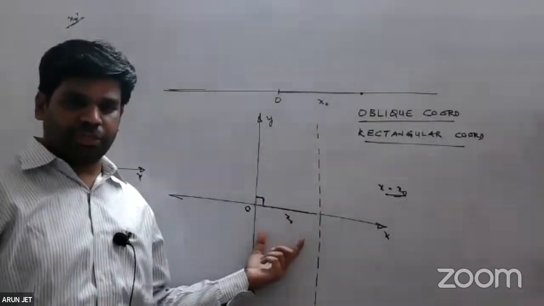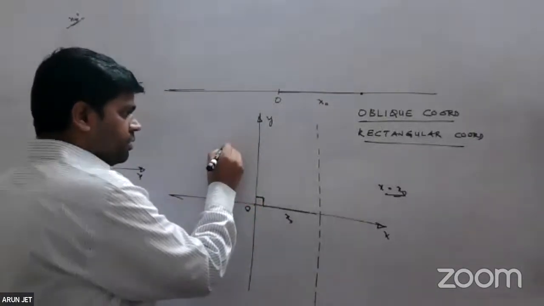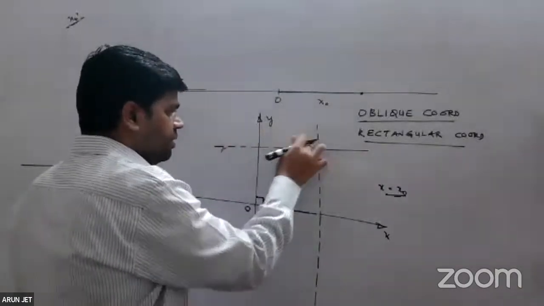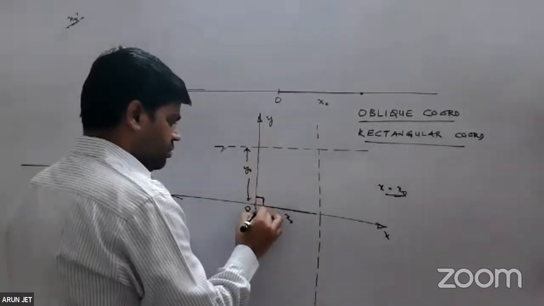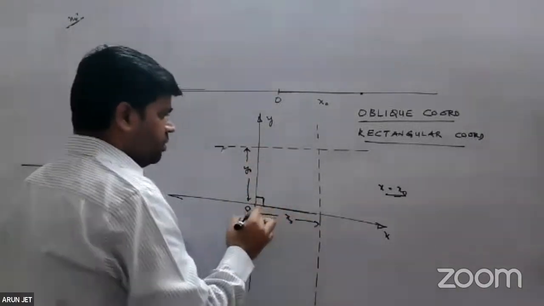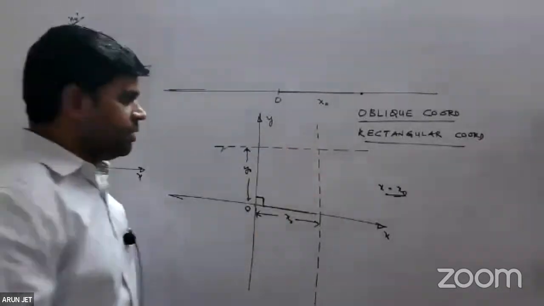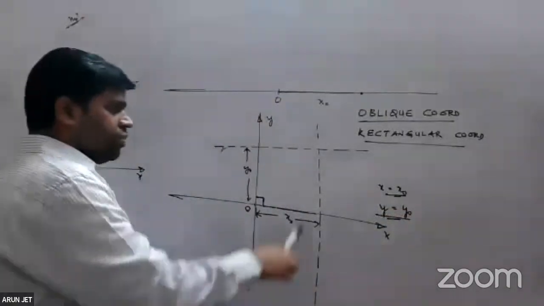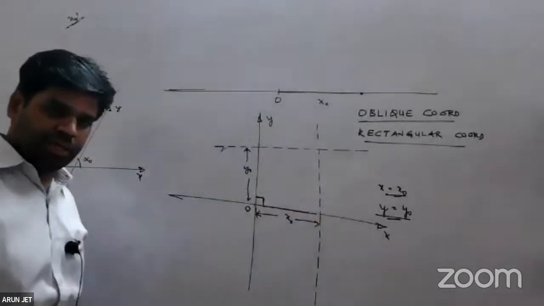Which coordinate? X coordinate is constant. Similarly, if I draw a line parallel to x-axis this way at a distance of y naught, this line satisfies the condition that its y coordinate is constant. So this is called a constant coordinate line. This is called a constant coordinate line.